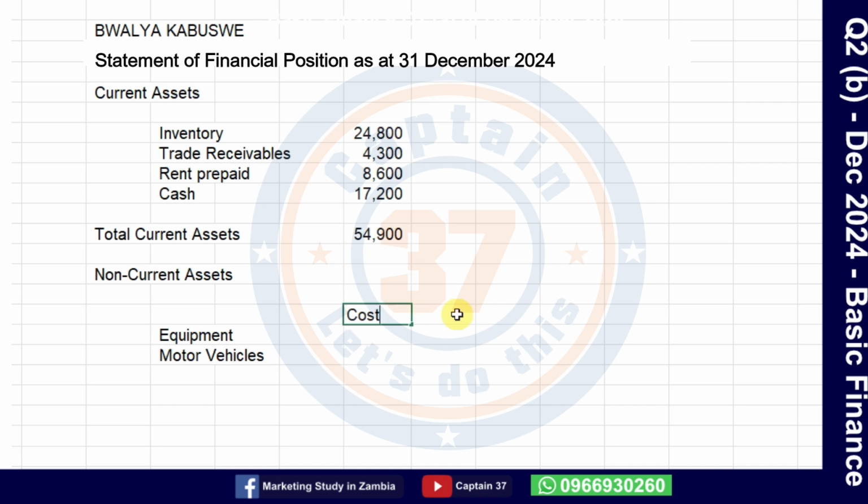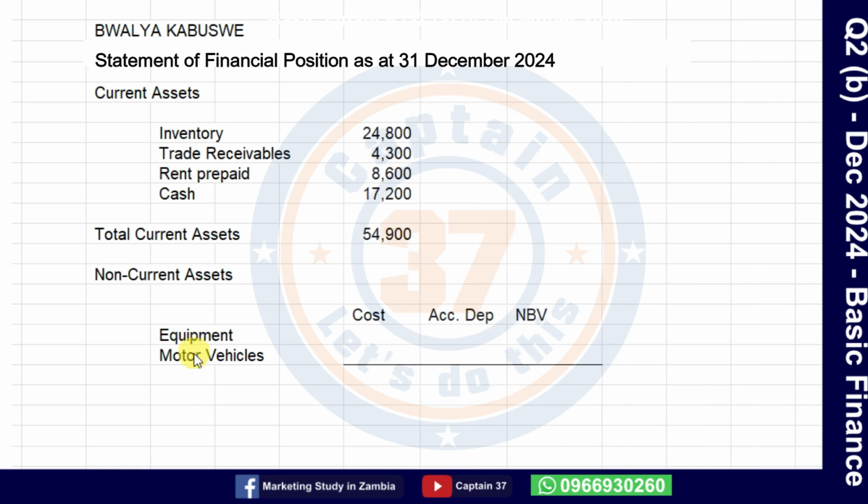Let's just write it in short like that. And then the residue, which is the net book value. NBV stands for net book value, meaning what remains. So let's just create some space here. These two are our non-current assets: equipment and motor vehicle.